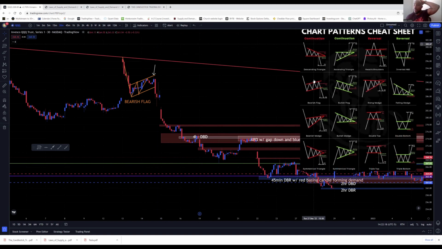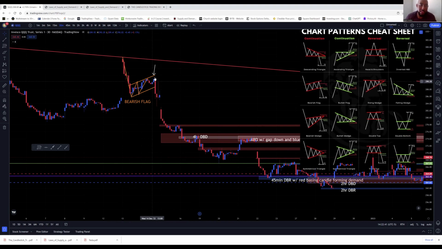So a bearish flag is a continuation pattern, which means that it's basically dropping, it's going to pull back, and then it's going to drop again, continuing the downtrend. So it dropped, pulled back, came back, pulled back. You got a kind of upwards consolidation there a little bit.